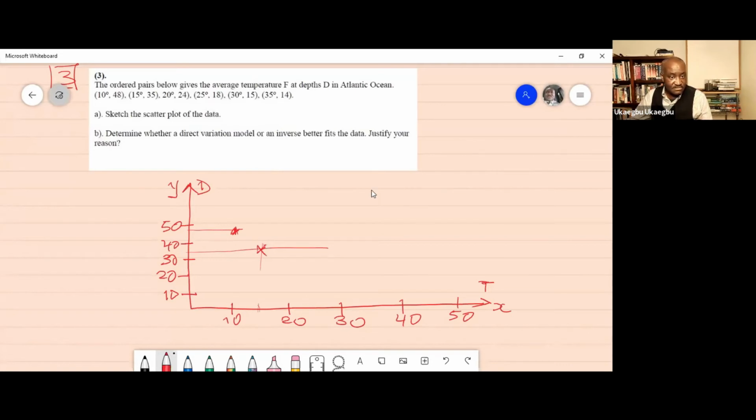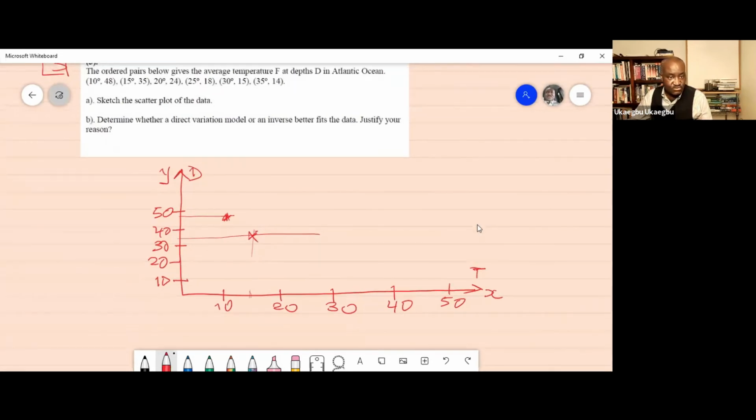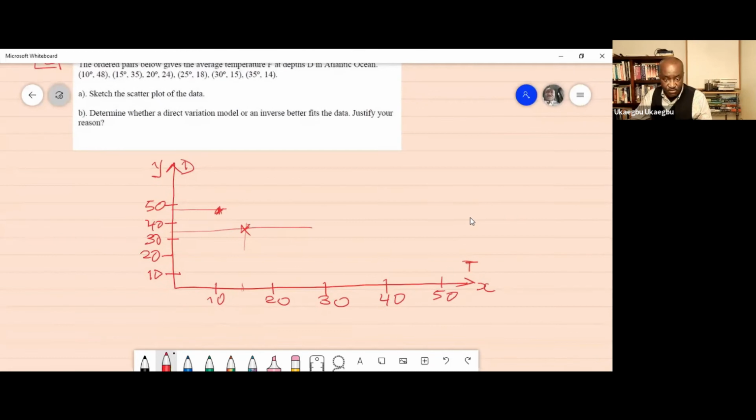Then next is 20, 24. So here would be your 24 right here. And then next is 25, 18. 25 is somewhere here. So 18 is also somewhere here.